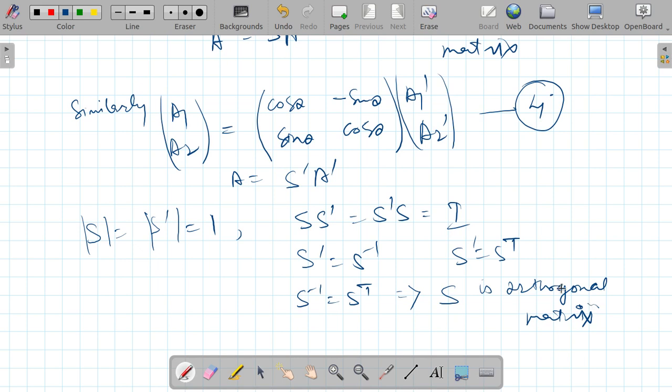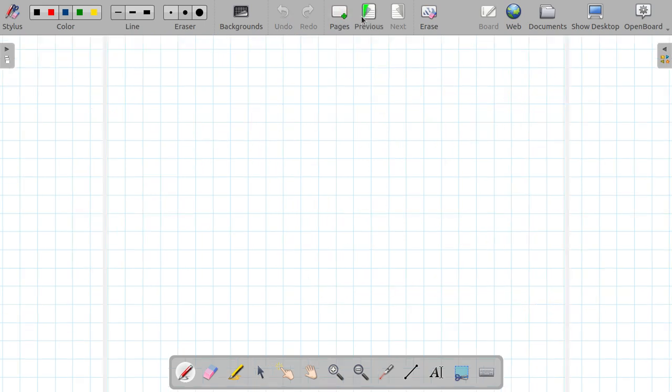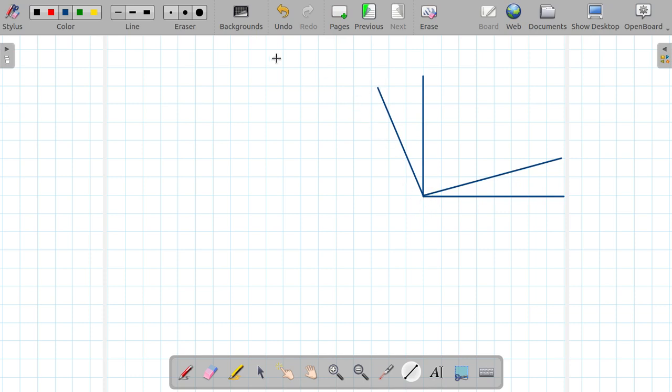Now, if we consider two matrices together, sorry, not matrices, but I consider two vectors A and B. So this E1 and E2 represent the basis vectors.